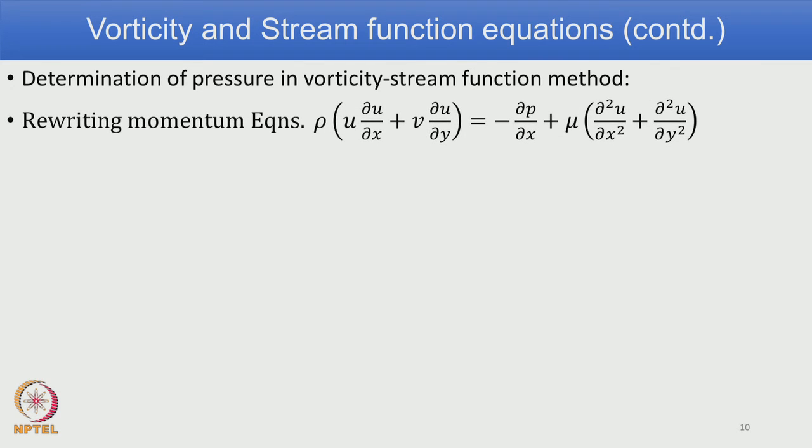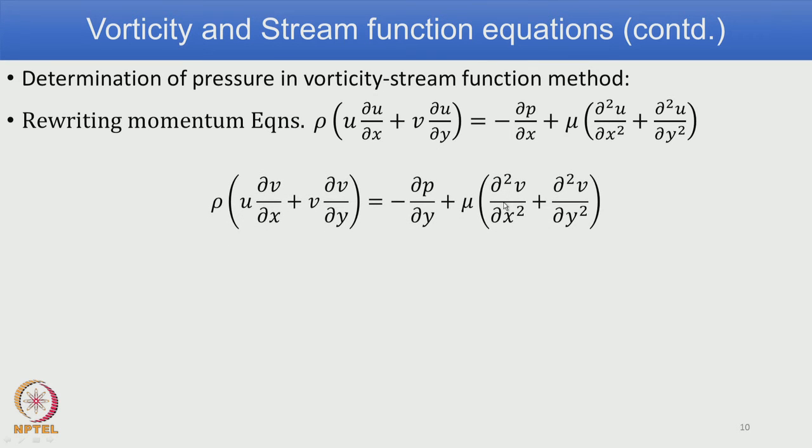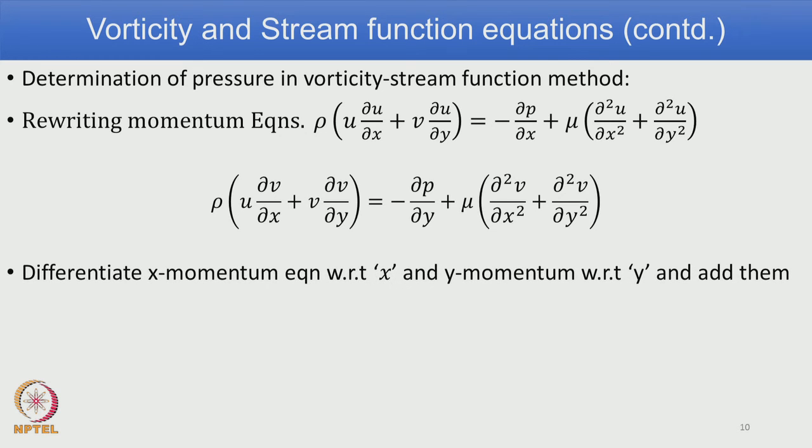Once again, we rewrite the momentum equation for the sake of immediate reference, which is given here. What is given here is the u momentum equation. Again rewrite the v momentum equation, and then differentiate the first momentum, that is the x momentum equation, with respect to x, differentiate the second equation, which is the y momentum equation, with respect to y, and add them together.